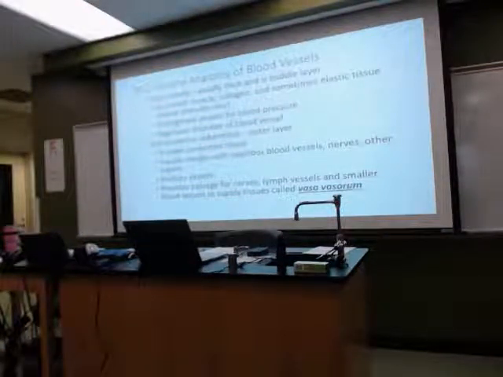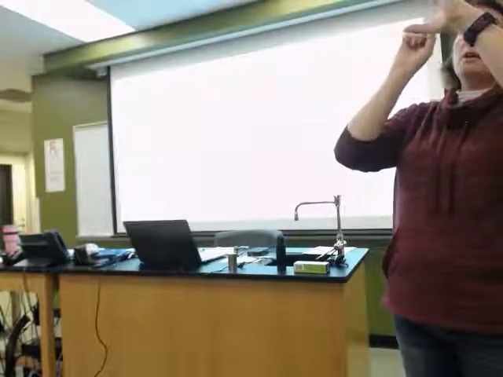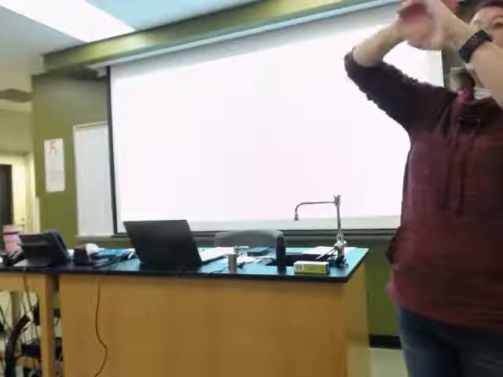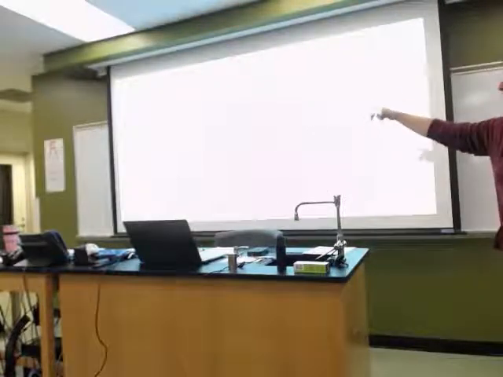The middle layer. So now if I'm looking at that vessel and I have the inner layer that has the connection to the blood, my middle layer going around that vessel, this one is usually thick.